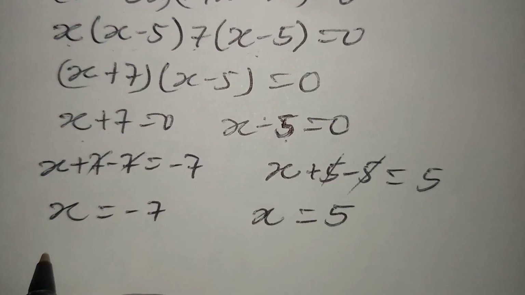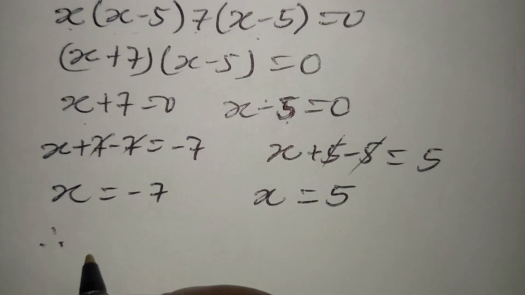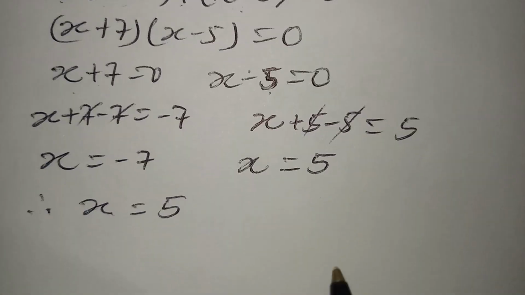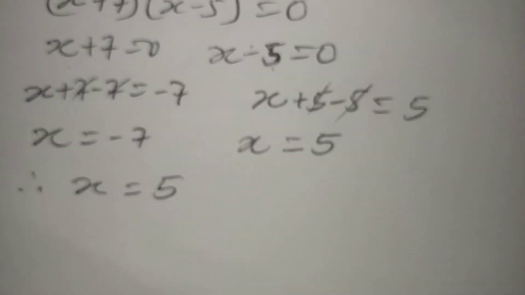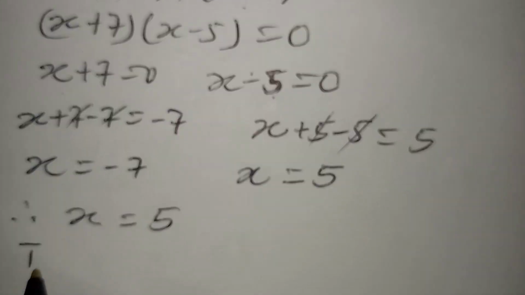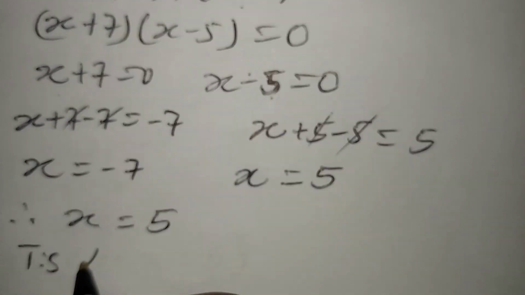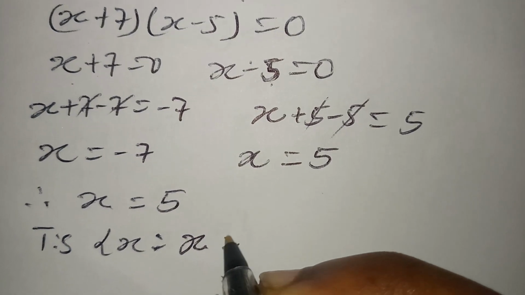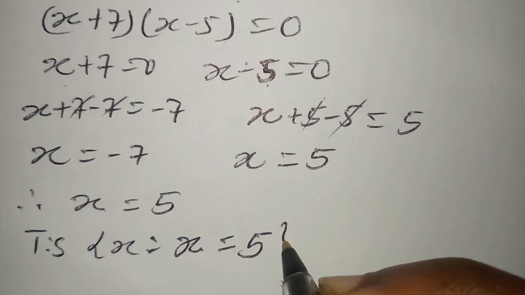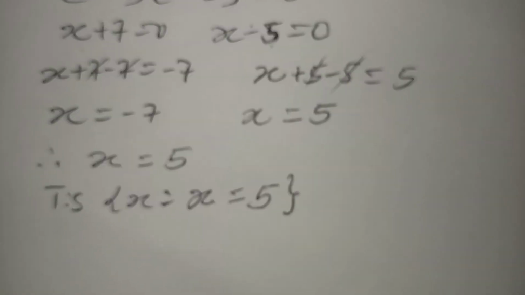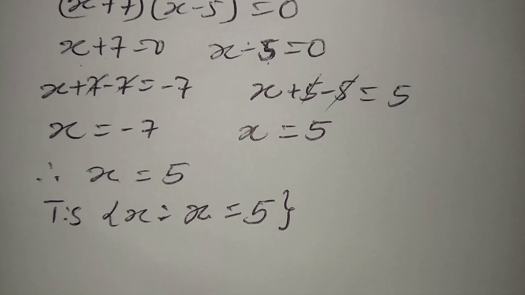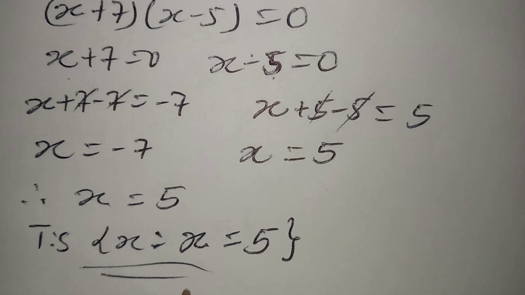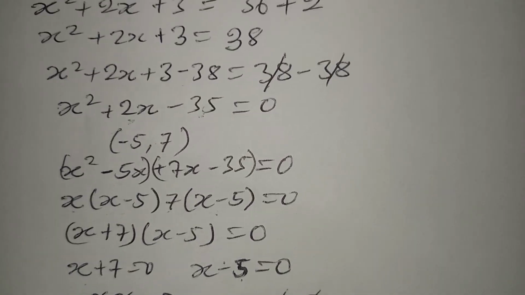We draw a conclusion that x is equal to 5. Representing this in the truth set, we have the truth set: x is such that x is equal to 5. So this is the final answer to this question.